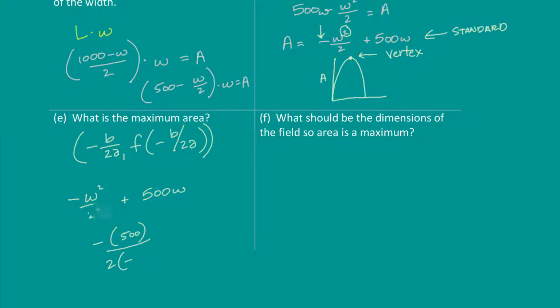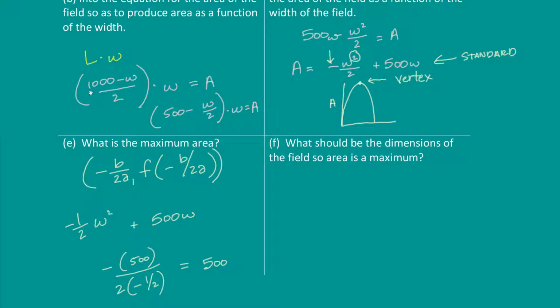Couldn't I rewrite this instead as negative 1/2 w squared plus that? So this becomes 2 times negative 1/2 is negative 1. Negative 500 divided by negative 1 would be 500. So when our width is 500, our area, we can plug that back into the equation.